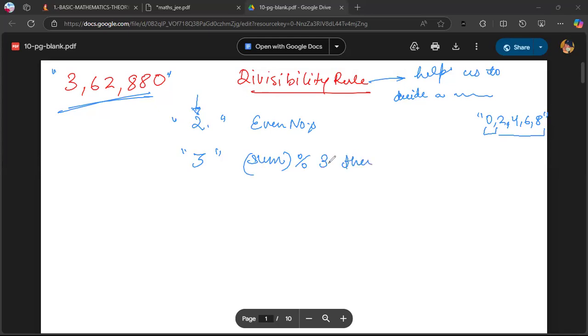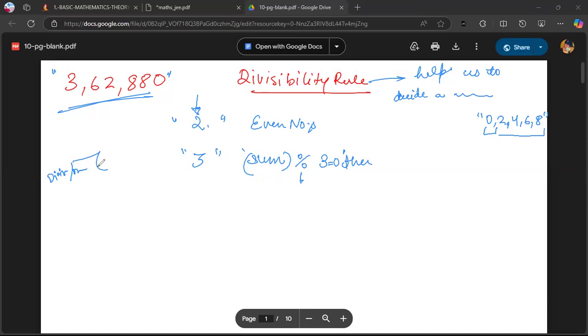then this percentage sign represents that we are dividing the sum by 3 and the remainder is coming out as 0. The percentage sign says that we are writing the remainder, not the quotient.